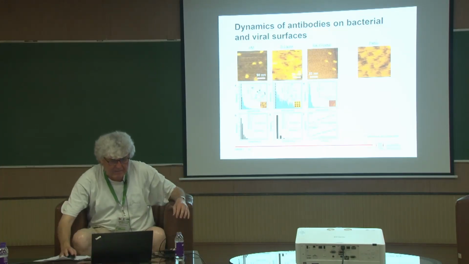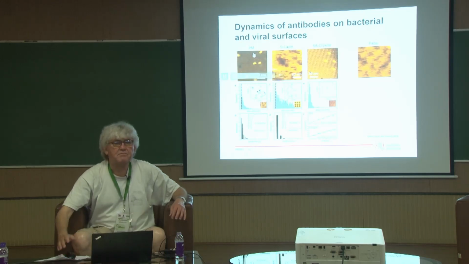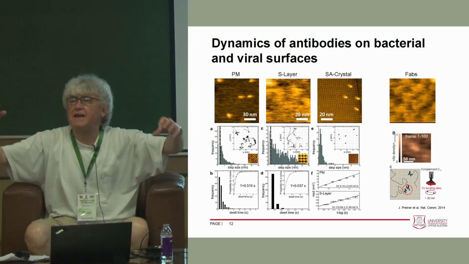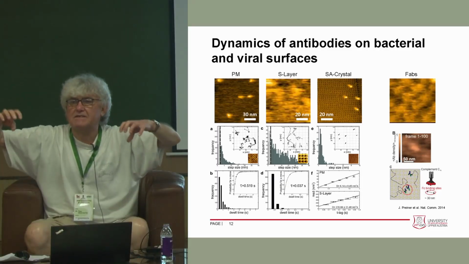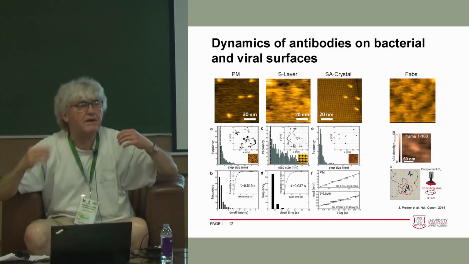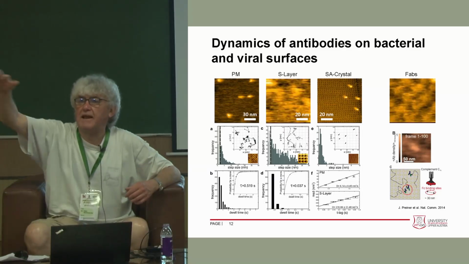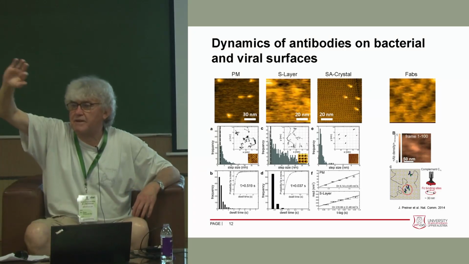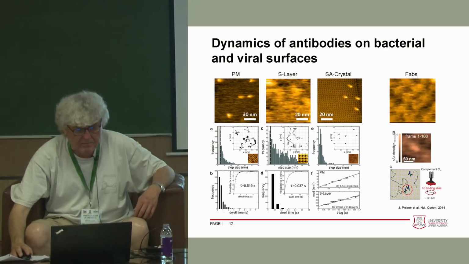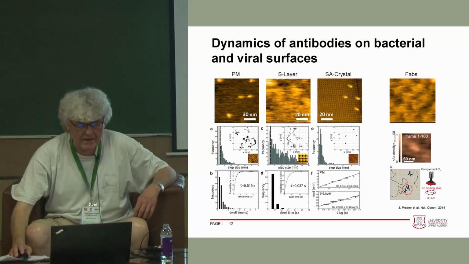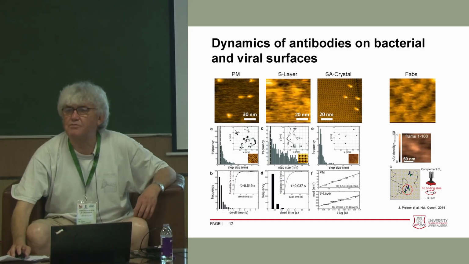And these membranes are kind of two-dimensional protein crystals. So the antigens are fixed. It's kind of a crystal. Purple membrane is, for instance, in retina. S layer is a bacterial layer. It's the outer membrane of bacteria. And so the purple membrane has a threefold symmetry. The S layer has a fourfold symmetry, and the streptavidin crystal has a twofold symmetry.